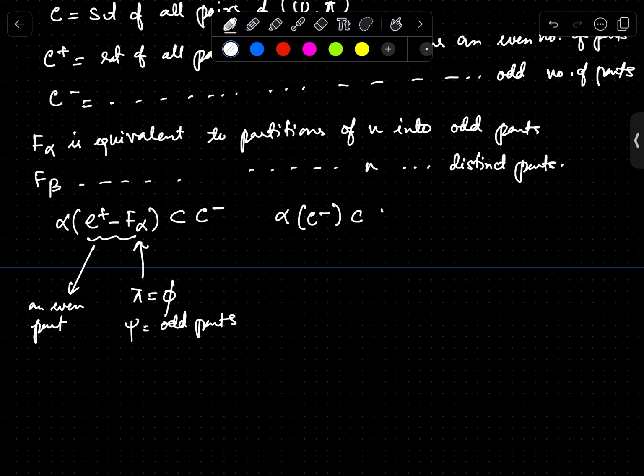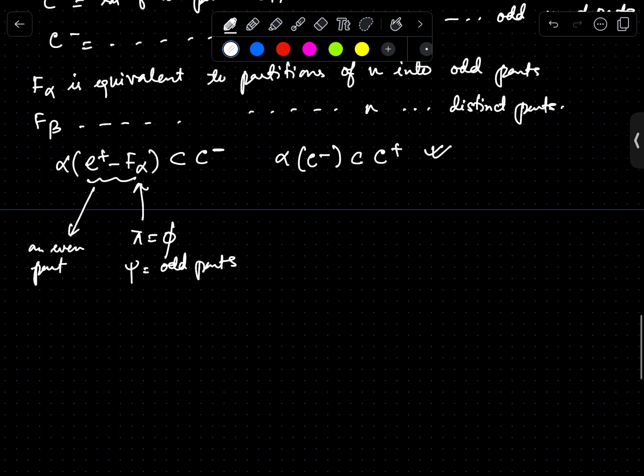You are anyway changing the number of parts in pi, either increasing or decreasing by 1. And in any case, if you start with an odd number of parts, you're going to end up with an even number of parts. So this is easy to verify. I leave the verification for beta to you, but it's pretty simple and exactly the same.